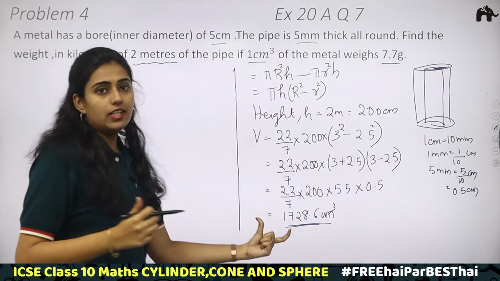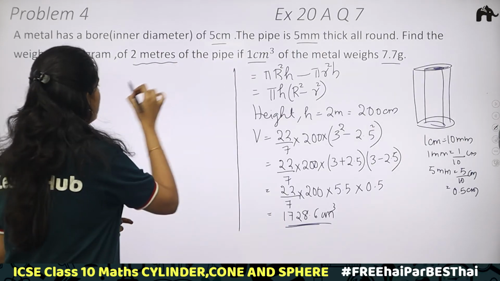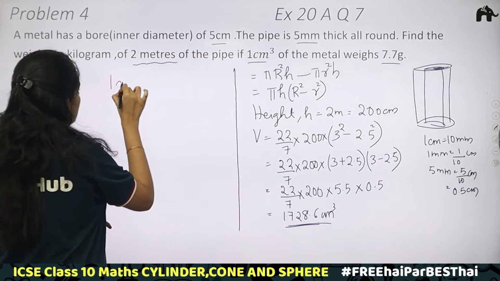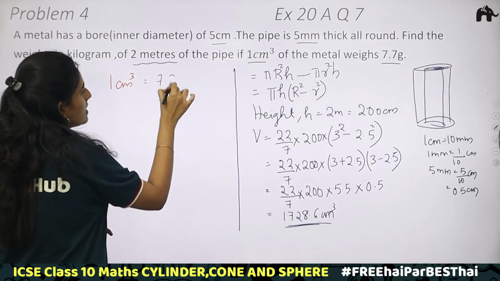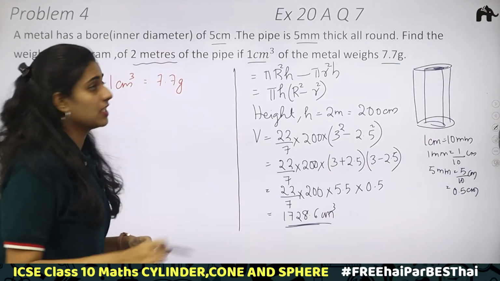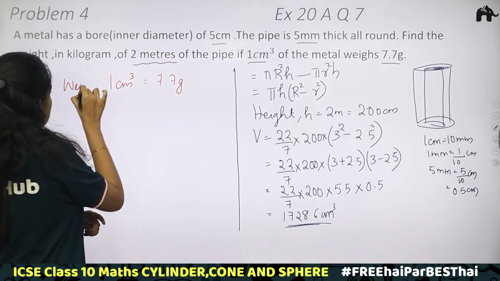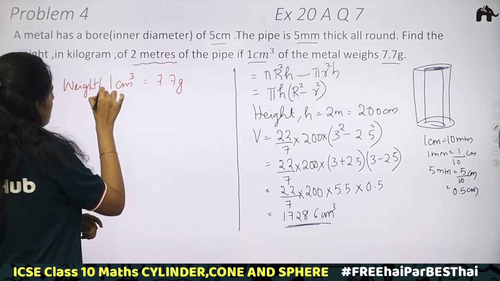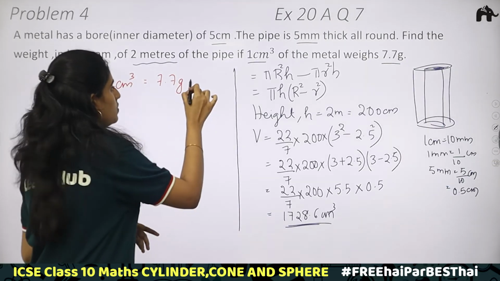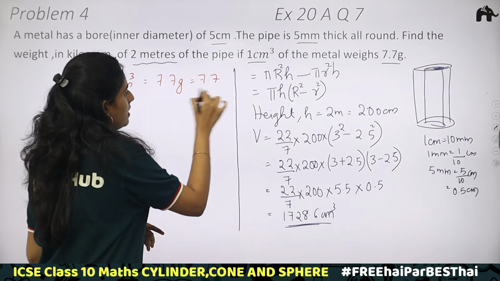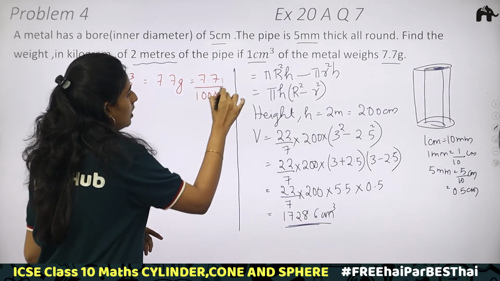Clear? So, we got the total volume. Given that for 1 centimeter cube, the weight is 7.7 gram. Weight for 1 centimeter cube, it is 7.7 gram, which will be equal to 7.7 divided by 1000 kilogram.